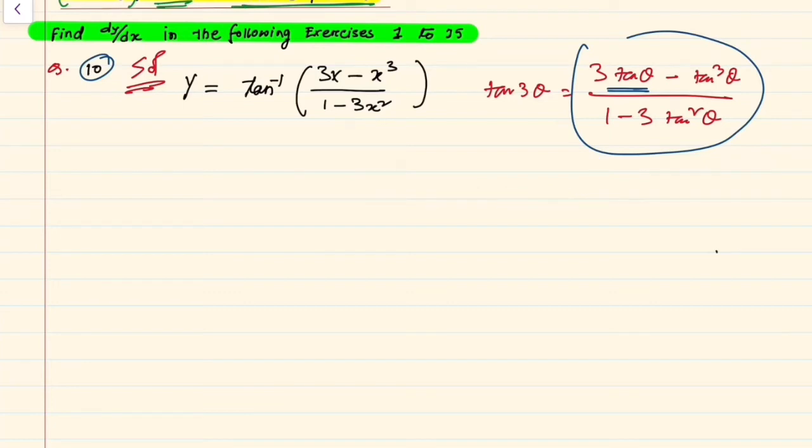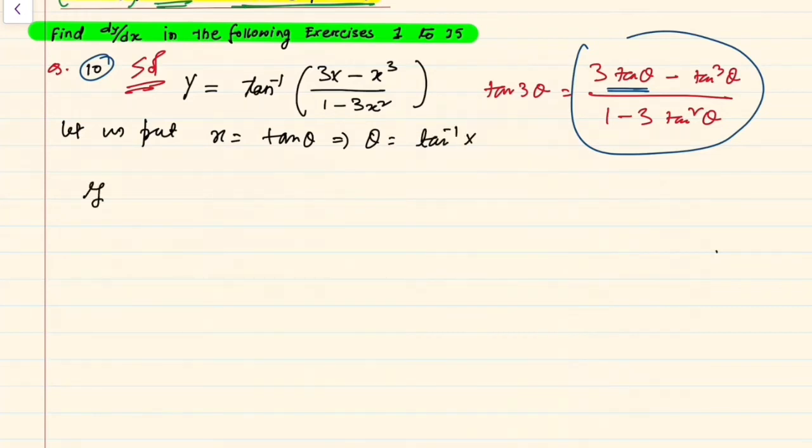So let us put x is equal to tan theta, which implies theta is equal to tan inverse of x.